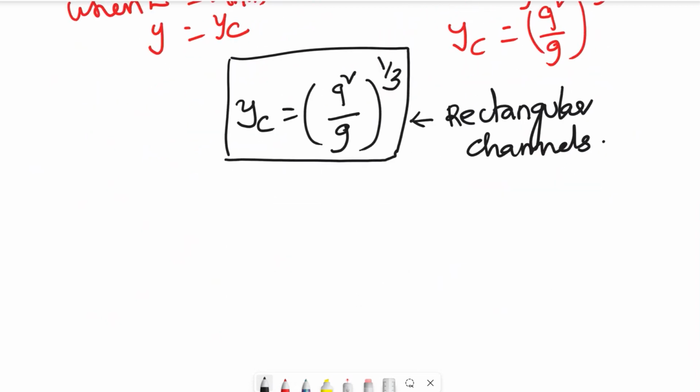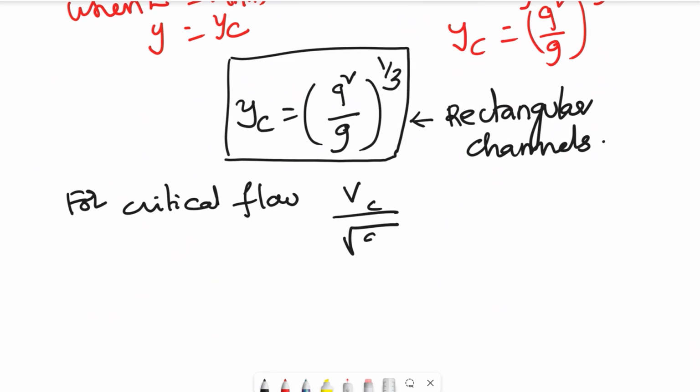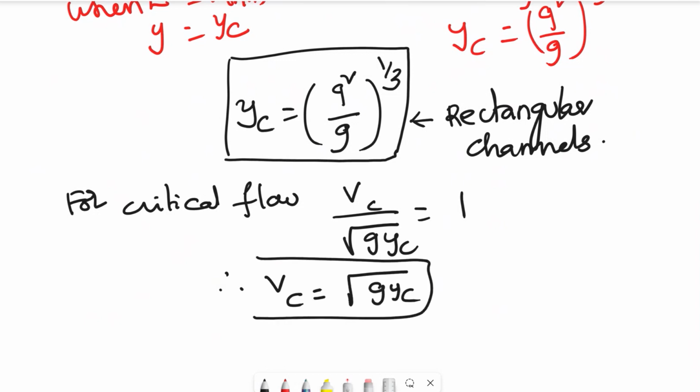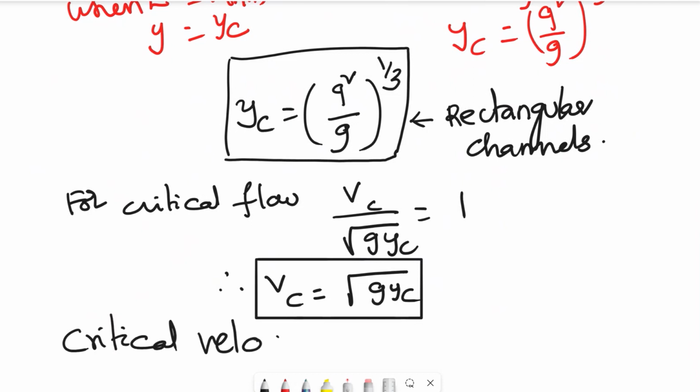Then we know that for critical flow, Vc by root g yc, the Froude number, is equal to 1. Therefore Vc is equal to root g yc, that is, critical velocity is equal to root of g yc.